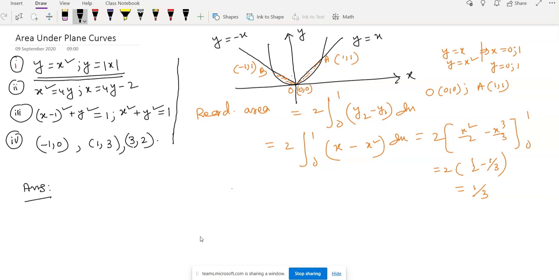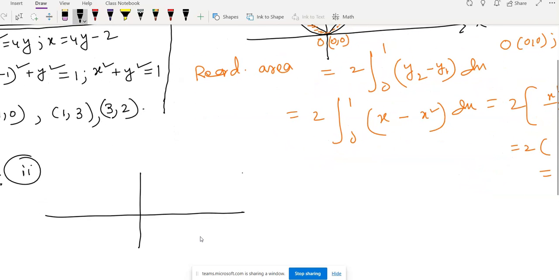Now the second one, x square equal to 4y. It is a parabola of the same type here. It must pass through the origin. So x square equal to 4y is there.